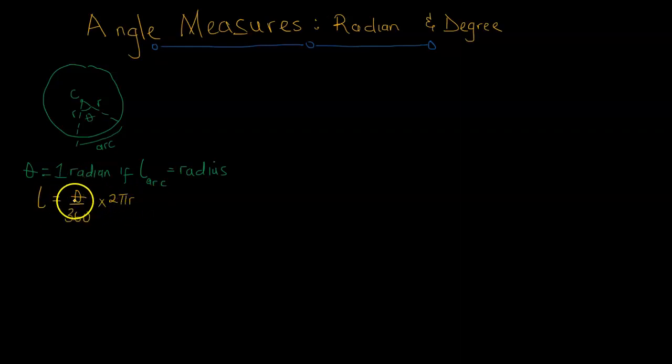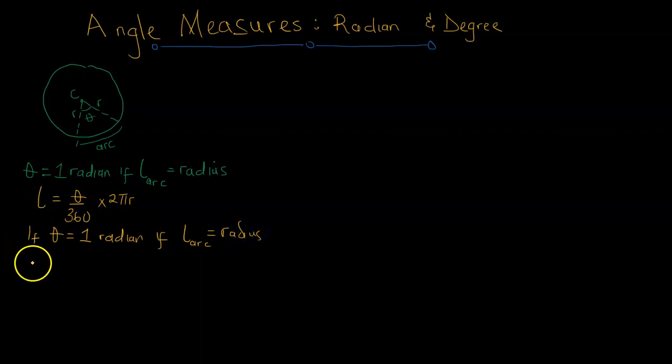So we can see here that if theta equals 1 radian, the implication is that the length of the arc is the same as the radius of the circle. So this theta is going to be 1 radian if the length of the arc is equal to what? The radius of the circle.